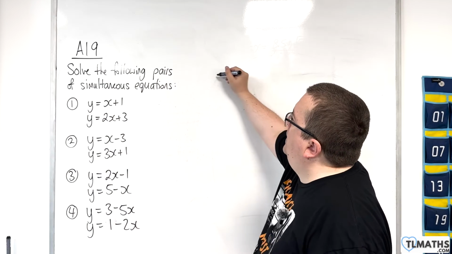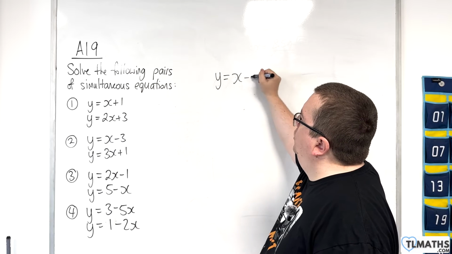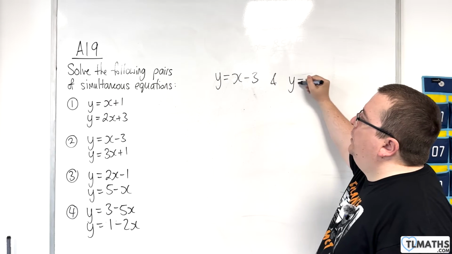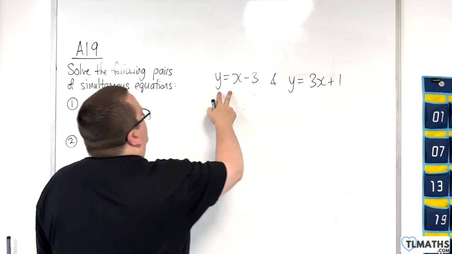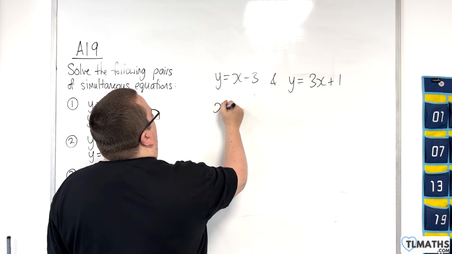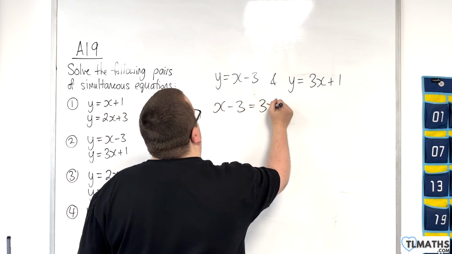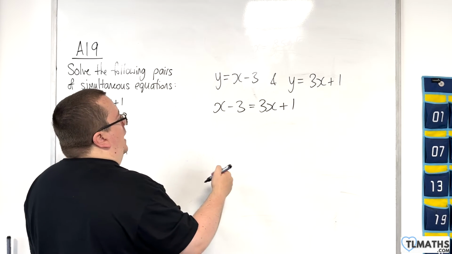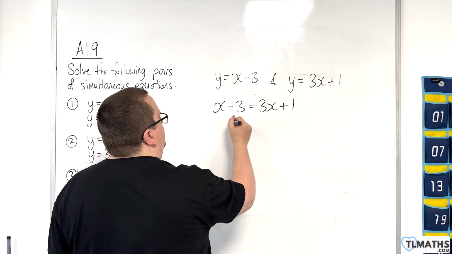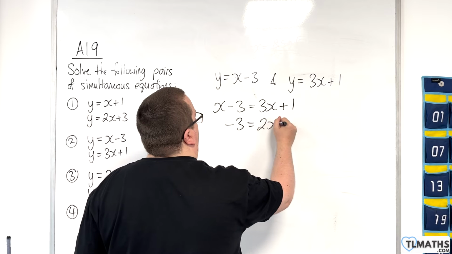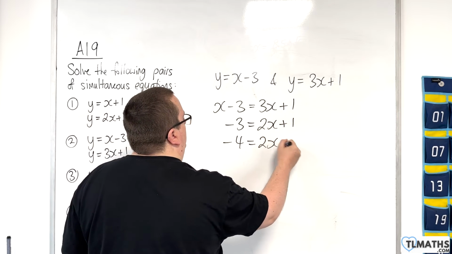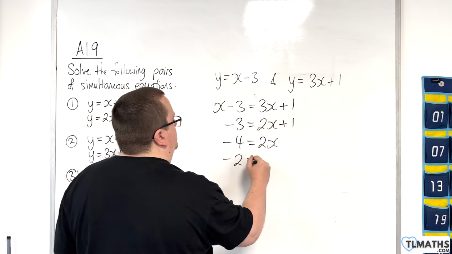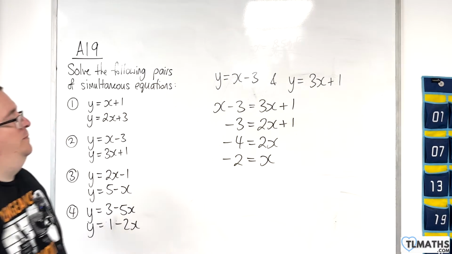So number 2, we have y is equal to x take away 3 and y is equal to 3x plus 1. So both of them are y equals, so we'll put one equal to the other and solve this equation. So let's subtract x from both sides. Then we can subtract 1 from both sides. And then divide through by 2. So x is equal to minus 2.